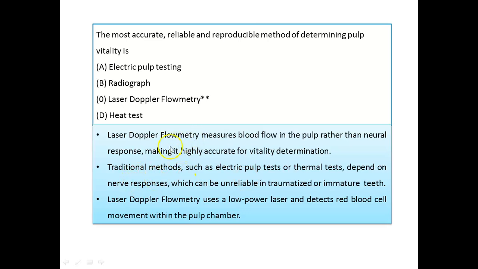That's why LDF is a highly accurate method, whereas traditional methods are not that accurate. Most often they are unreliable in traumatized or immature teeth, that is with an open apex. Remember, it detects the RBC movement within the pulp chamber.